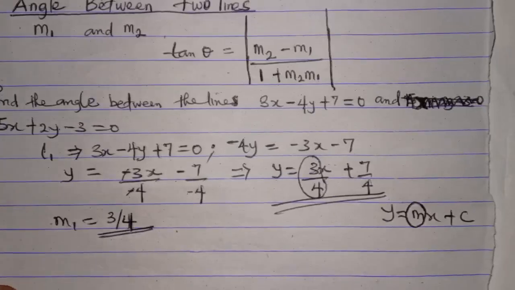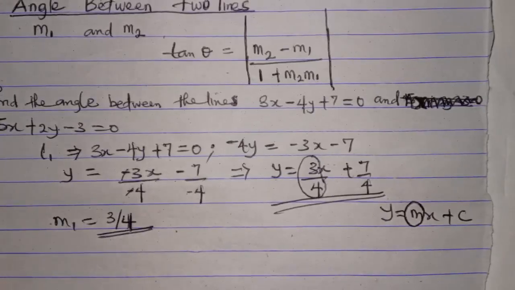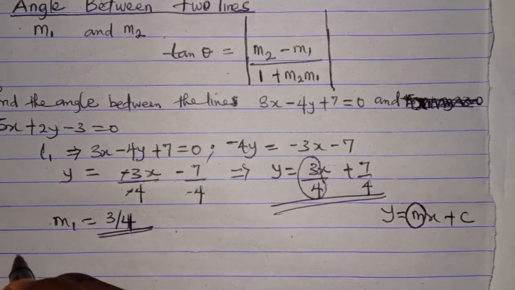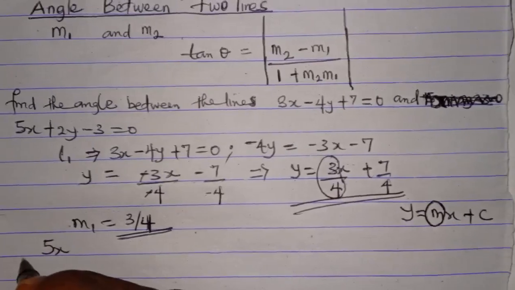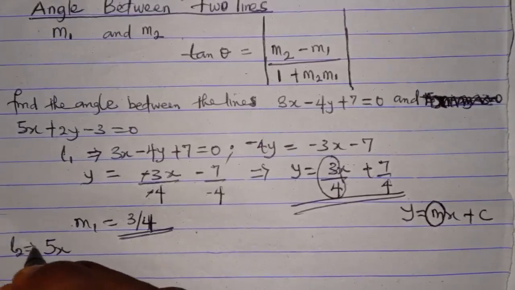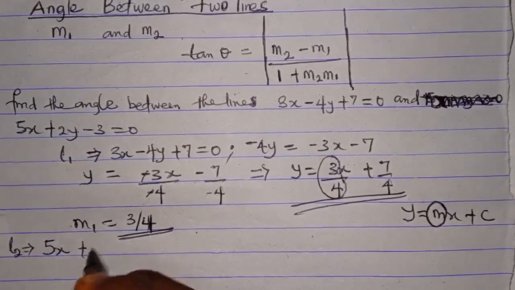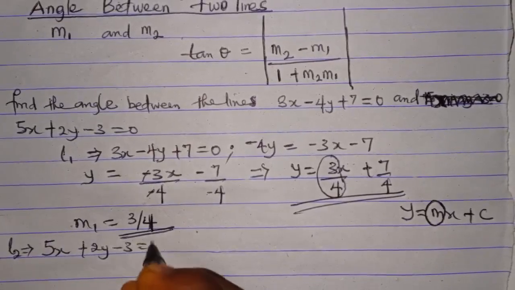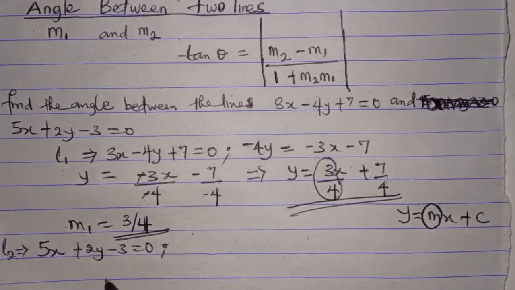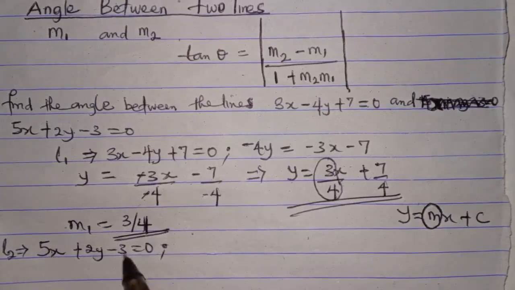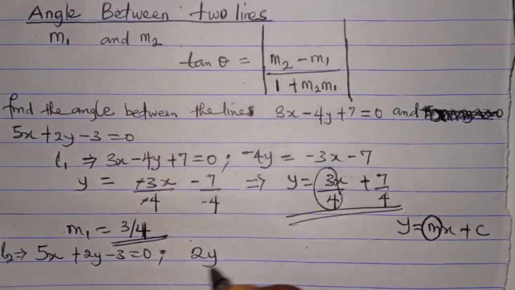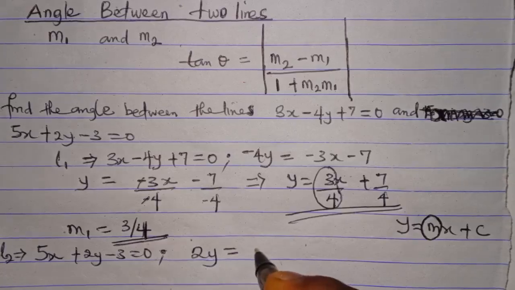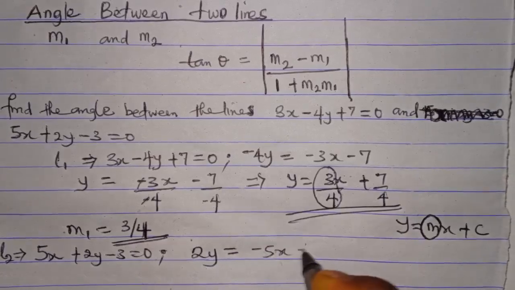In the same vein, we are going to make y the subject of the formula from equation 2. So we have, this is L2, 5x plus 2y minus 3 equal to 0. Making y the subject, 5x and minus 3 we have to cross. So we have 2y equal to minus 5x plus 3.